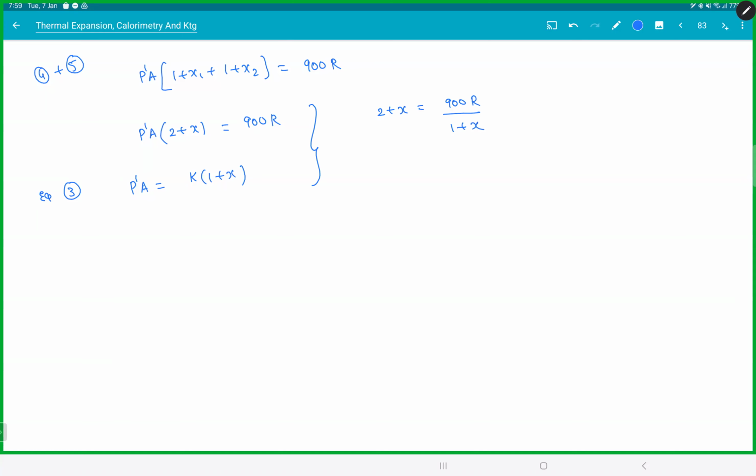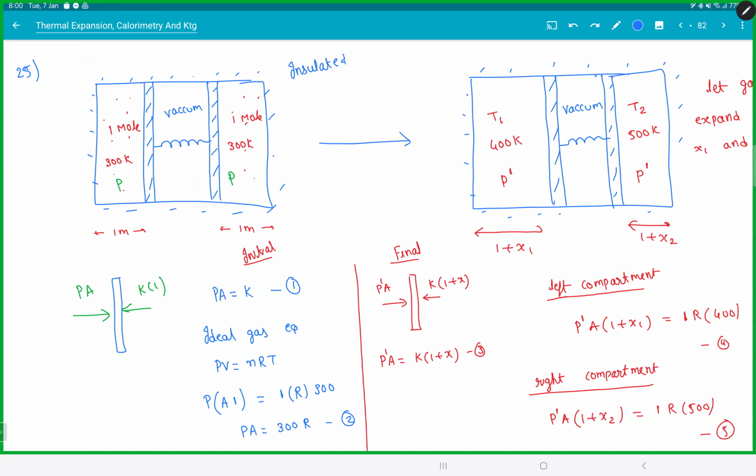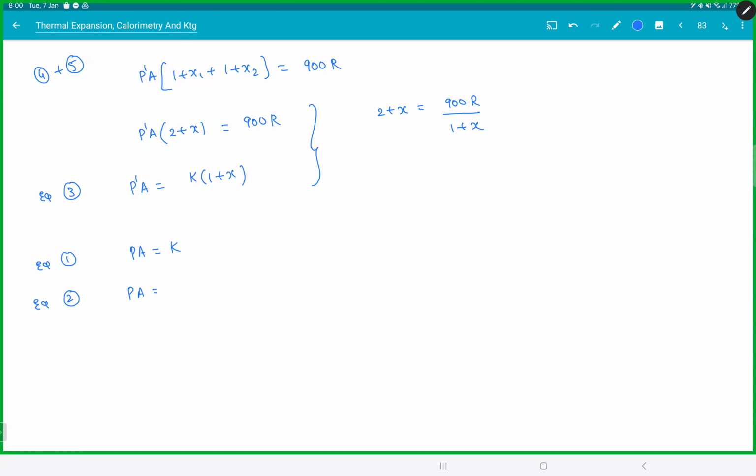And take equation 1 and 2. Equation 1: PA is equal to K. Equation 2: PA is 300 R. There is a K here actually. From here, K will be 300 R. Substitute there. 2 plus X into 1 plus X is 900 R by K, which is 300 R. That would be 2 plus X square plus 3X is equal to 3.